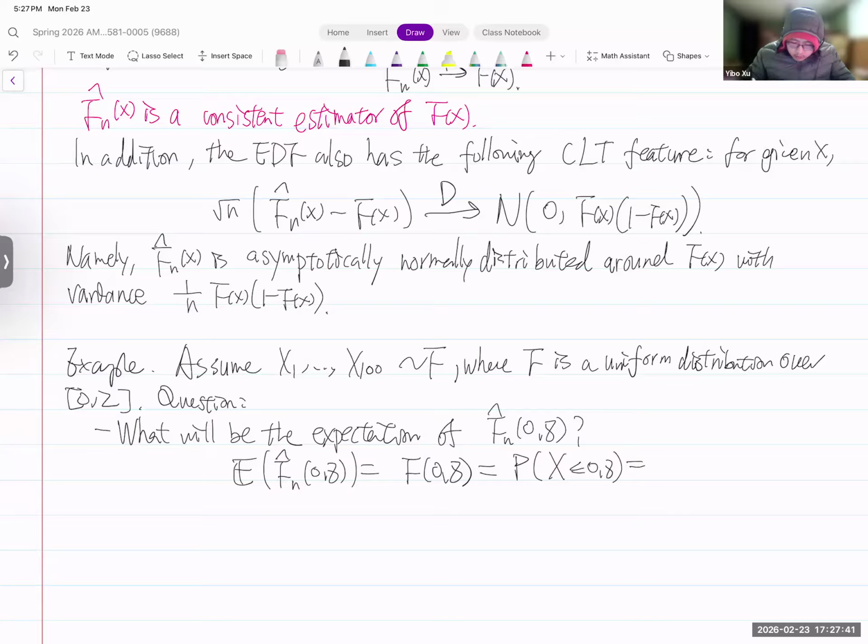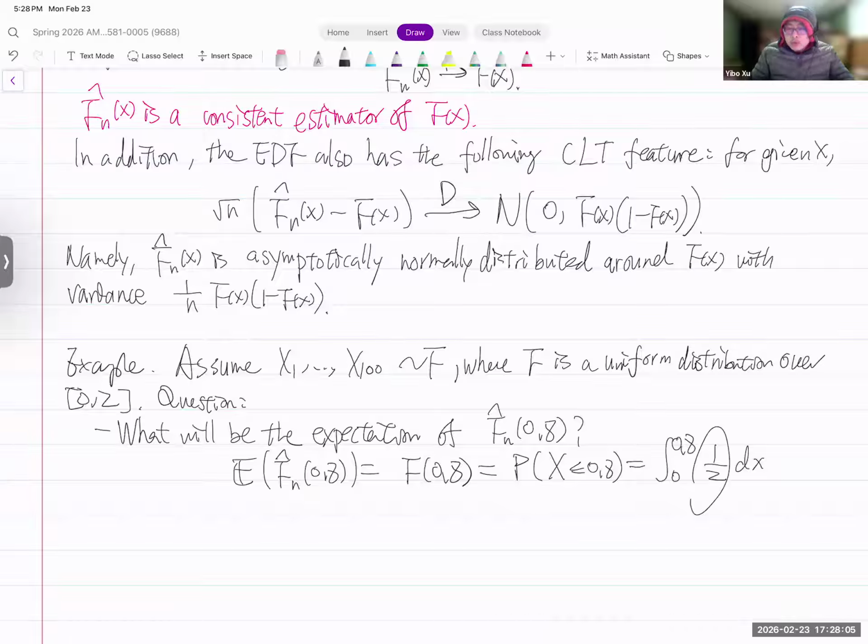Now here we just integrate, right? So we have the integral from 0 to 0.8. Here we have the uniform distribution from 0 to 2, so it's going to be 1/2 dx.